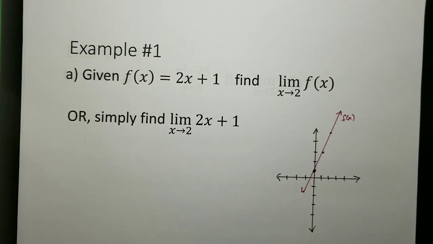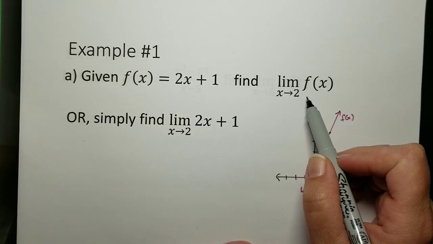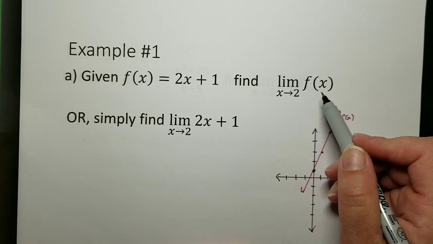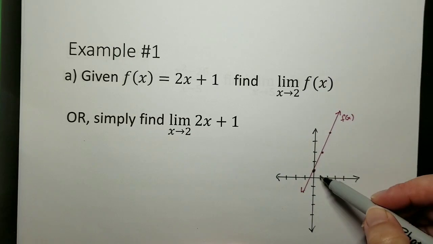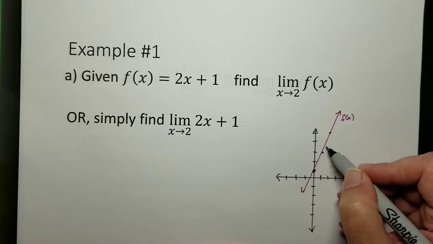So this limit here is asking us, what does the y value of this graph, what does f of x approach as x approaches 2? So as we're going towards 2, what's happening to my y?